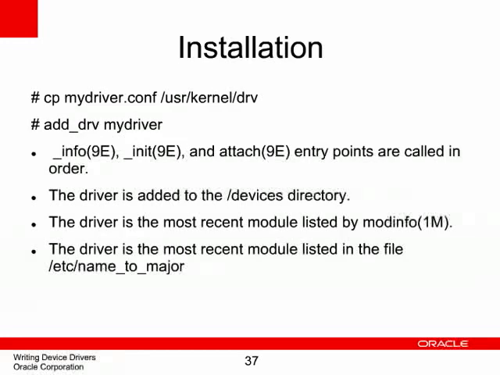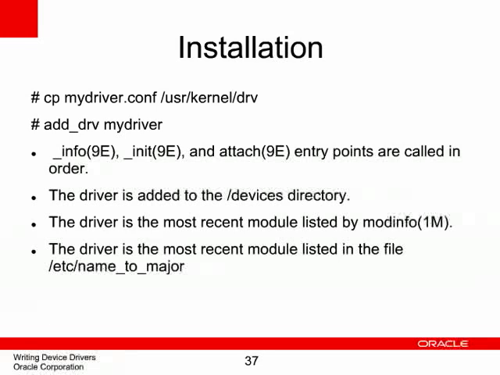To install a driver, typically you do this in your package, but if you're developing a driver, you're going to install it by hand. You're going to copy your driver into an appropriate place. /usr/kernel/drv is a place to put it.